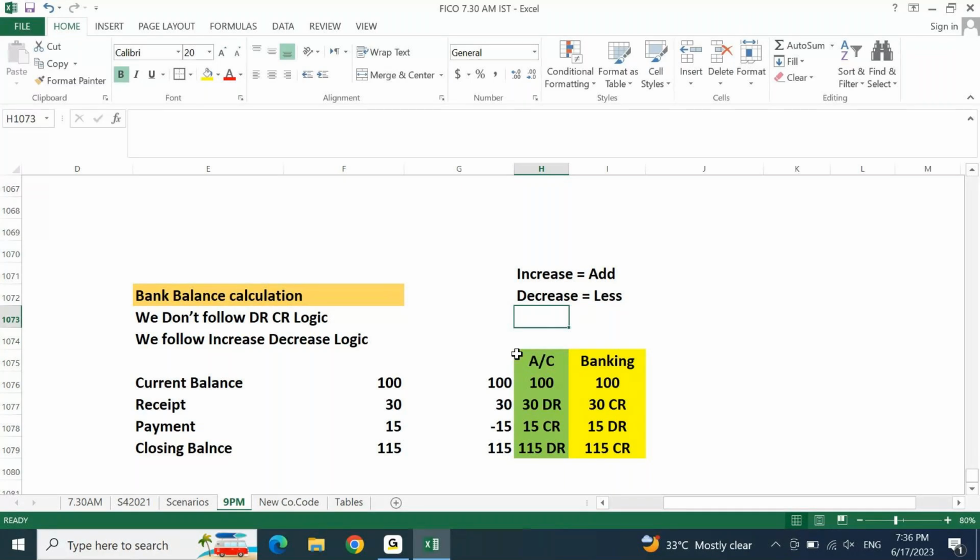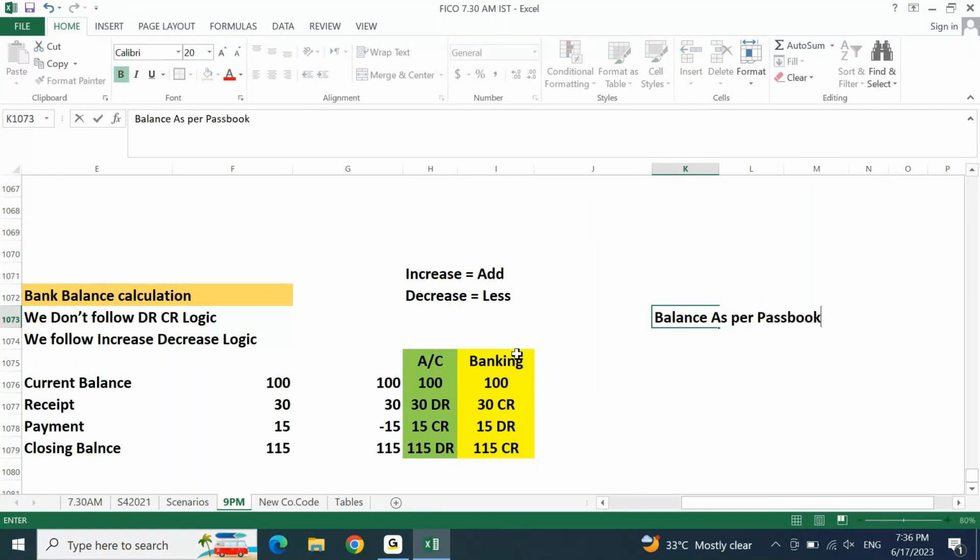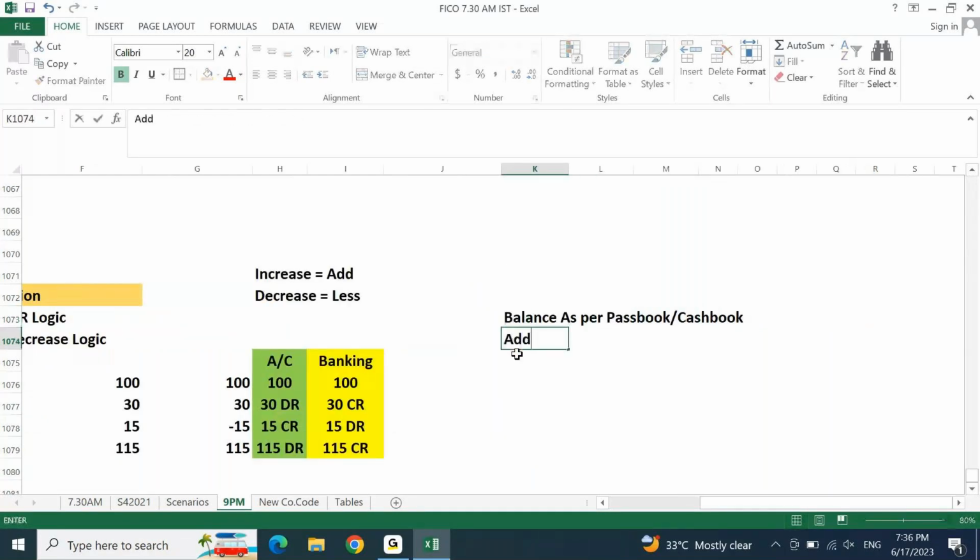If you recollect the bank reconciliation statement that you prepared during your academics, you would have made balance as per passbook or cash book. Are you able to recollect anything by looking at this line? And to this you would have put add, you would have put less.